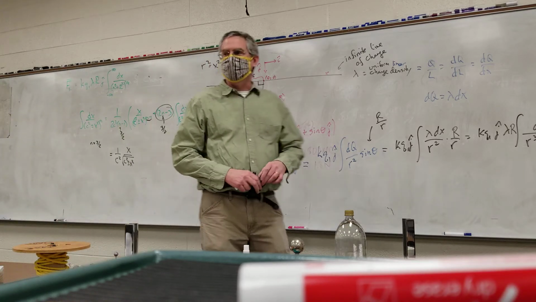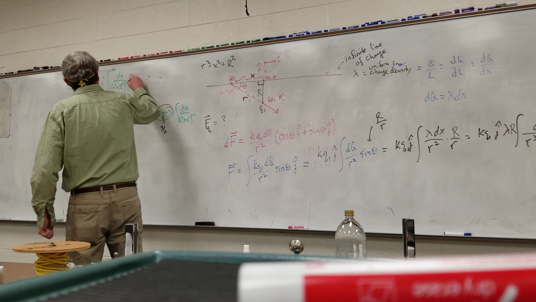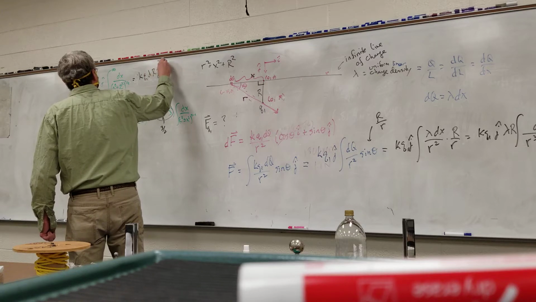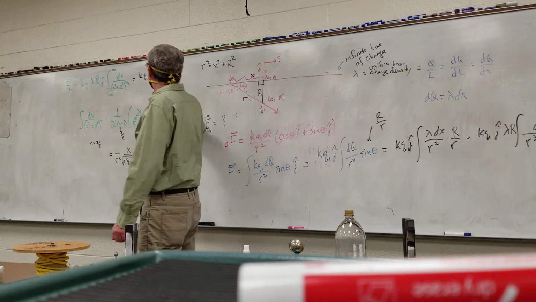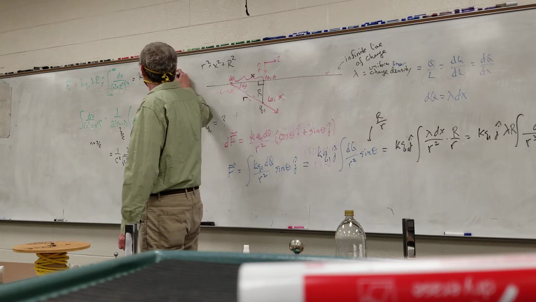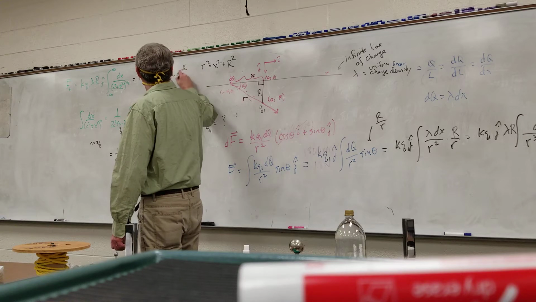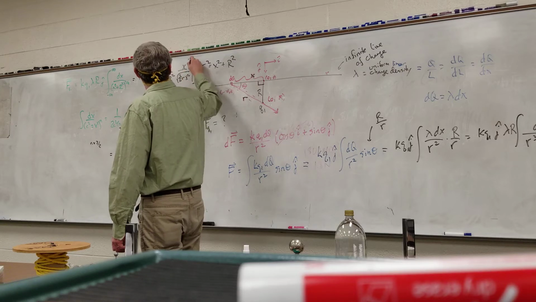So now we can take our problem here. k q1 lambda times the integral of dy, j hat. All right, so our c is r. Those are the same thing. So I have 1 over r squared times x over the square root of r squared plus x squared from negative infinity to infinity.